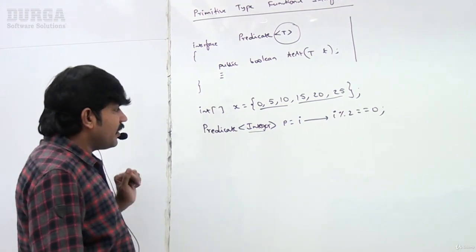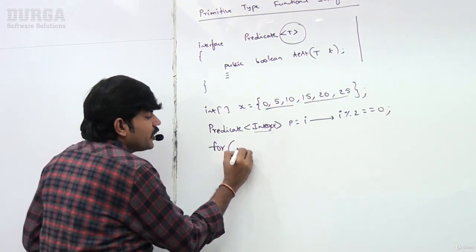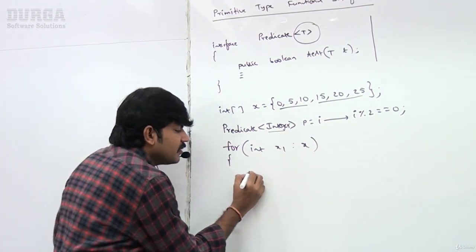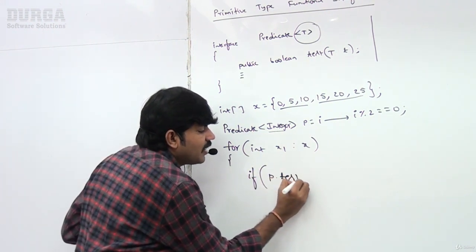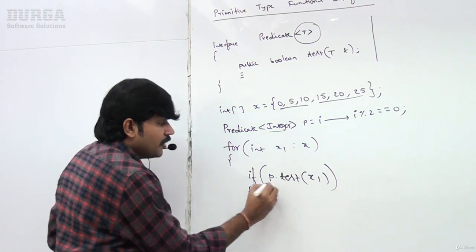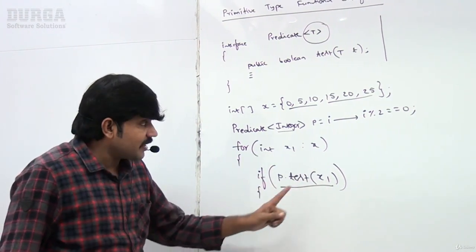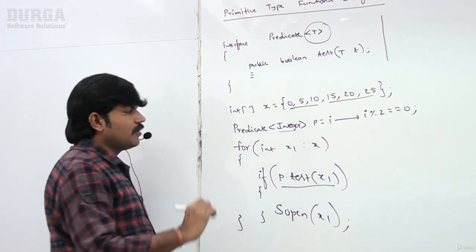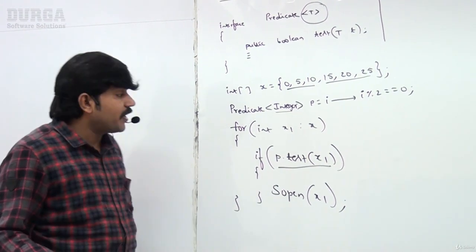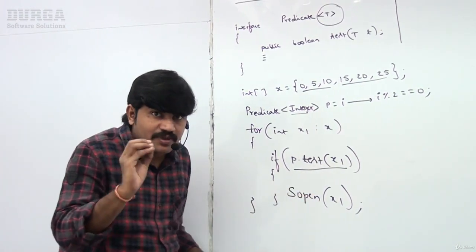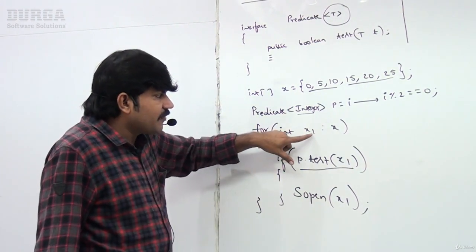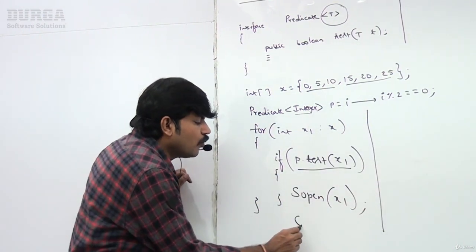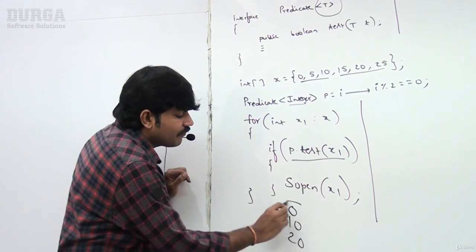Now, for each int value x1 in x, if p.test(x1) condition is satisfied, then print SOP of x1. If I execute this code, what output do we get by default? Only even numbers. For each int value x1 in x, p.test(x1), SOP of x1, automatically we get only even numbers: 0, 10, 20.